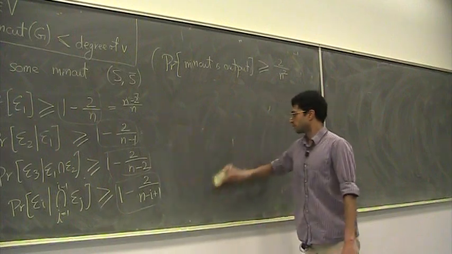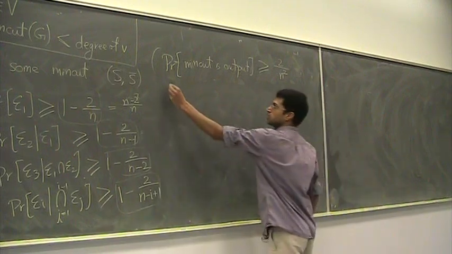So at this point, what is done in randomized algorithms is a trick that's called boosting.